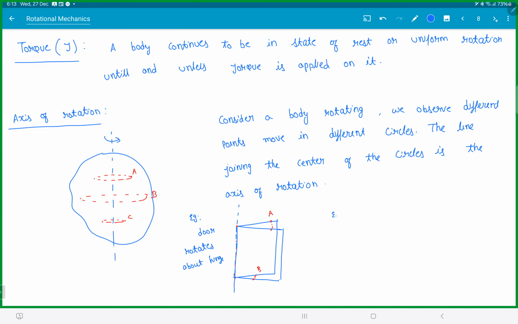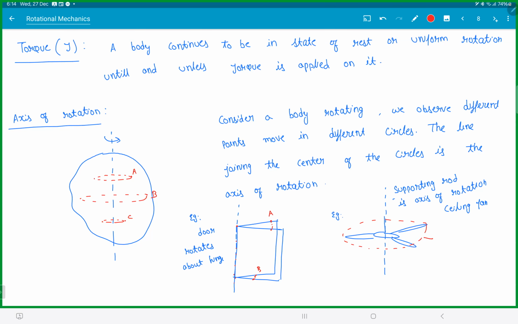The same thing, your ceiling fan. If you see that rod which is there vertically, this is your axis of rotation. So that supporting rod is the axis of rotation. And if you look at this thing, these are going in a plane.